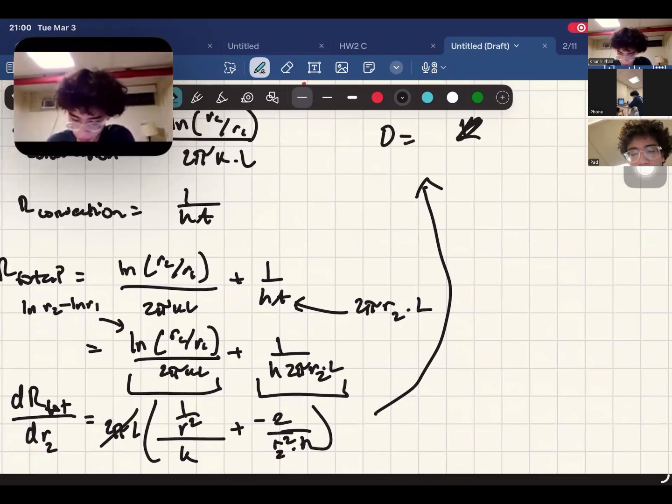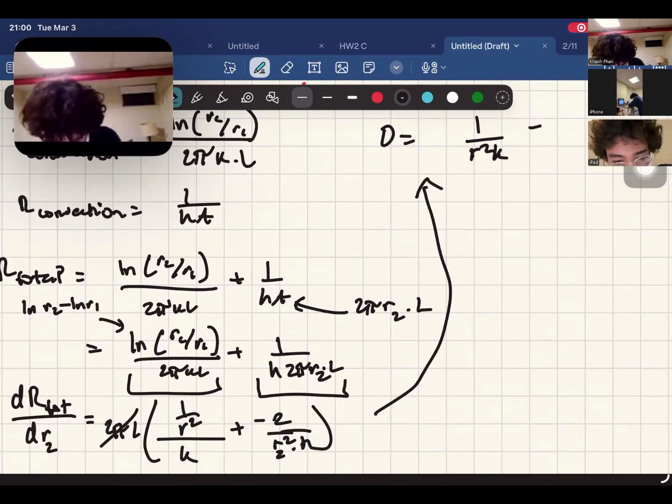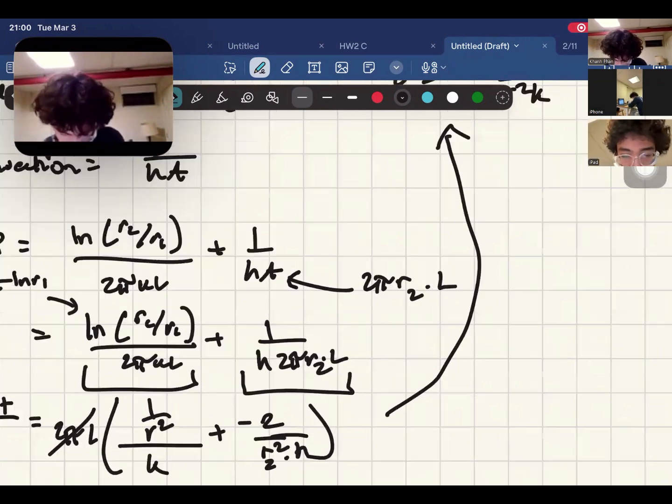So we can have 1 over R2 K plus minus, let me double check the math real quick.